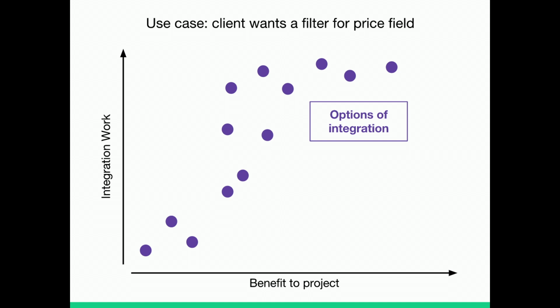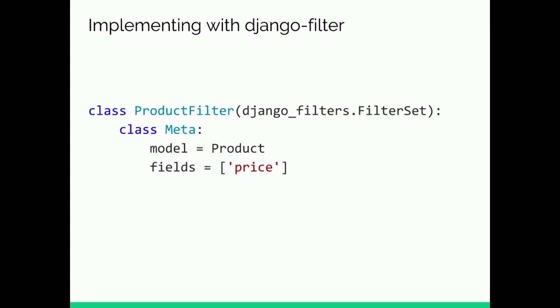So this is within a single library, and you have many options on how to use that library, but they vary on benefit and integration work to your project. So for example, you start here, and you want to add something. You start with the simplest integration option, the option that will take the least amount of work for you.